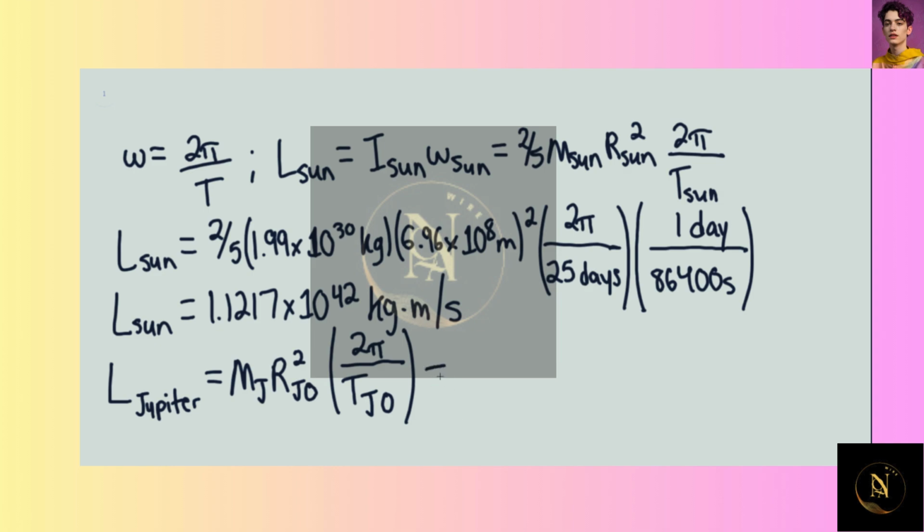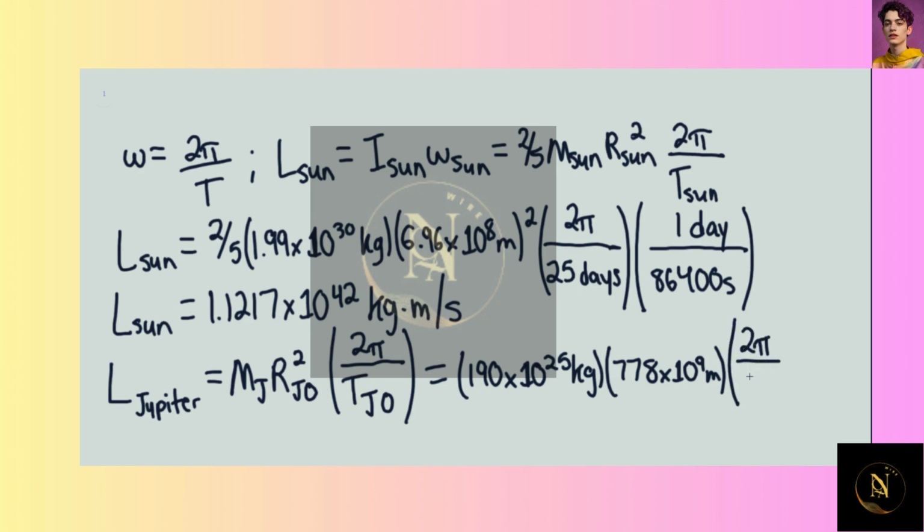And so we can say that this is going to be equaling 190 times 10 to the 25th kilograms, multiplied by 778 times 10 to the 9th meters. Again, this is obviously much larger than the radius of Jupiter, because this is the distance between the center of Jupiter and the center of the sun. And then it takes 2 pi over 11.9 years. So it takes 11.9 years for Jupiter to make one revolution around the sun.